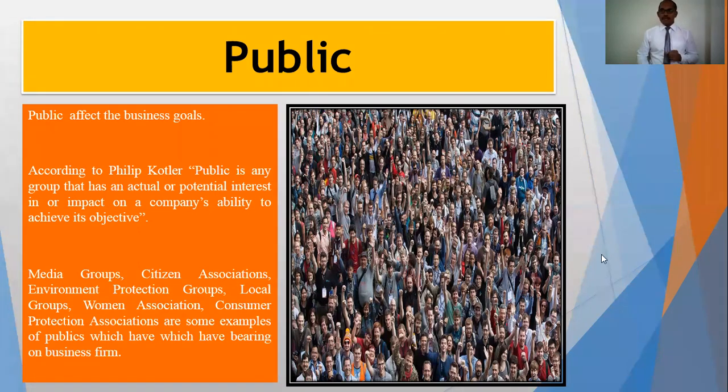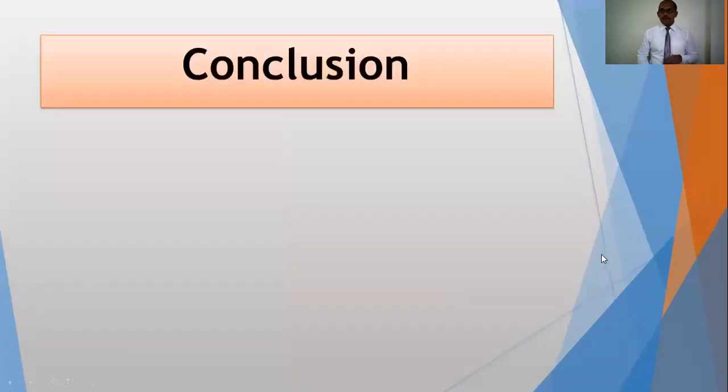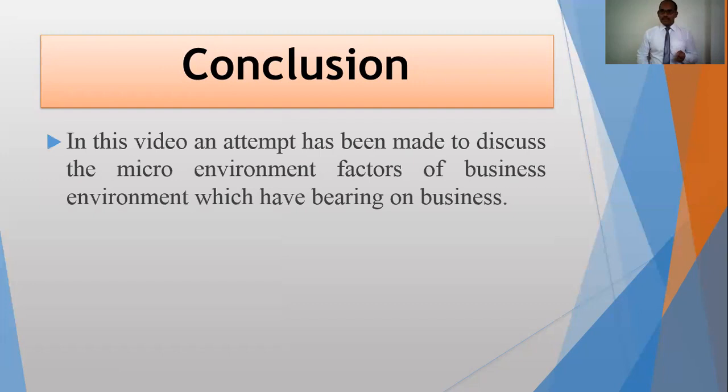So these are the microenvironment factors which influence the business directly and immediately, because the connection between these factors and the business is very close. A change in any of these factors directly influences the business activity.